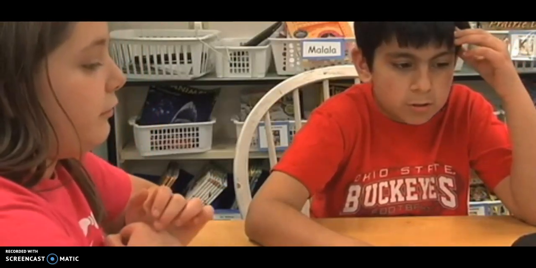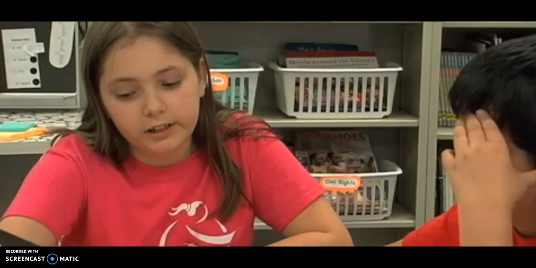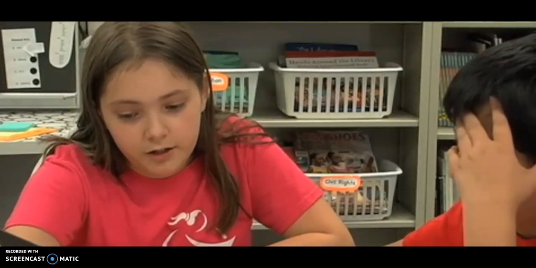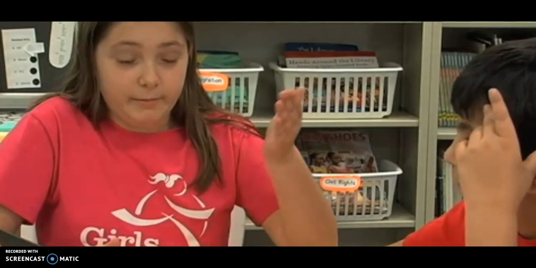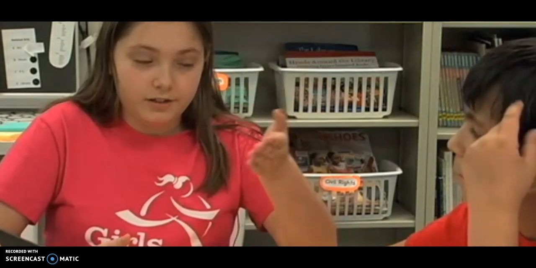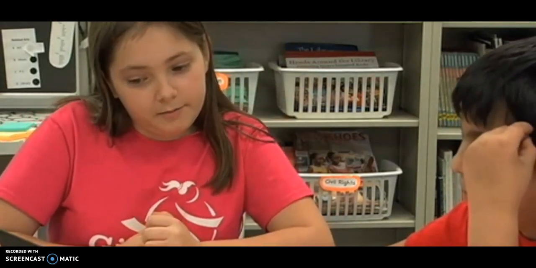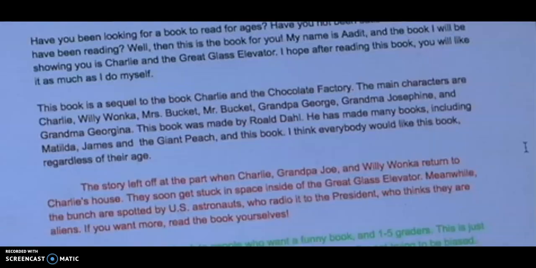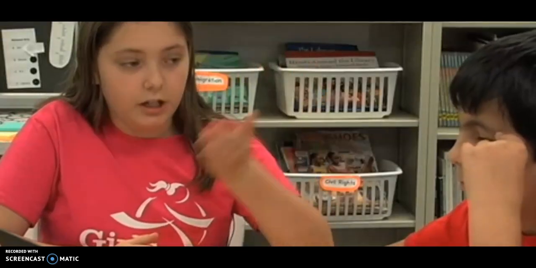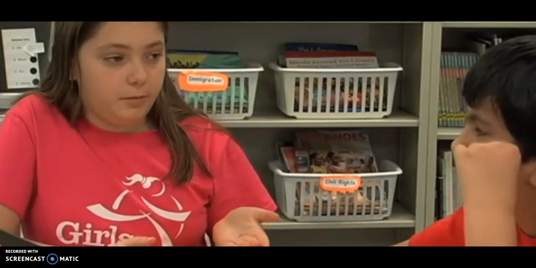For feedback, I like how at the end of this one you said, if you want more, read the book yourself so you can get more information about the book. Yeah, and it makes you want to read it. Yeah, because I'm not going to spoil the book. And when you said, I think everybody would like this book regardless of their age, that's a good thing to put in your introduction too, because then they know that no matter what, they're allowed to read it, even if they're a lot older than most people.